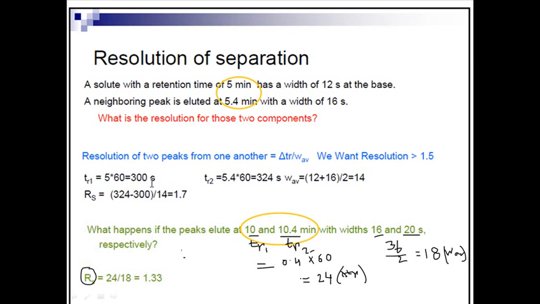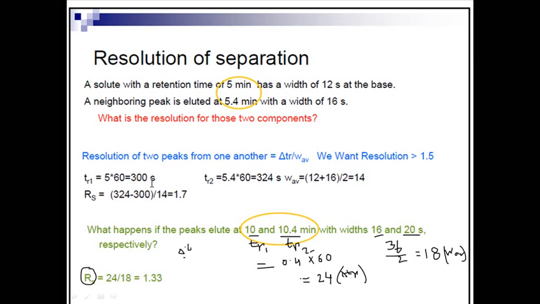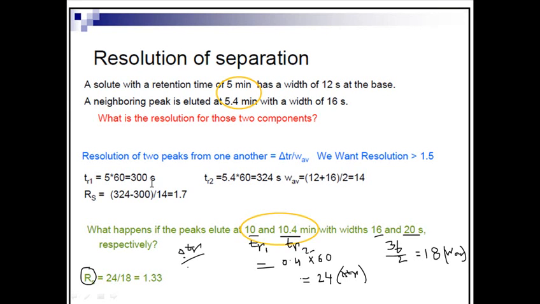Okay, so the formula is del TR by W average. In this case, del TR is 24 and the average width is 18, so the result will be 1.33, which is given here. So that's how the result comes about, right? These are the simple mathematics that you can face in your exams.